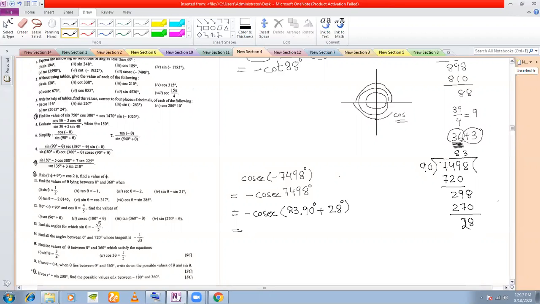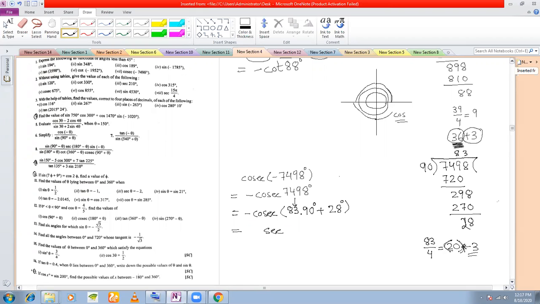Now again, what do you see? This is an odd multiple of 90, so cosec will change to sec. Now, in order to check the sign of this sec, I will see which quadrant. 83 means it is rotating 83 times 90 degrees. So I'll divide 83 by 4, because 4 rotations of 90 degrees means one complete rotation, right? I get 20 and plus 3.